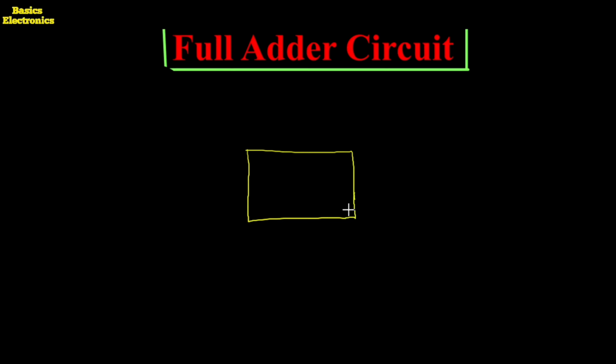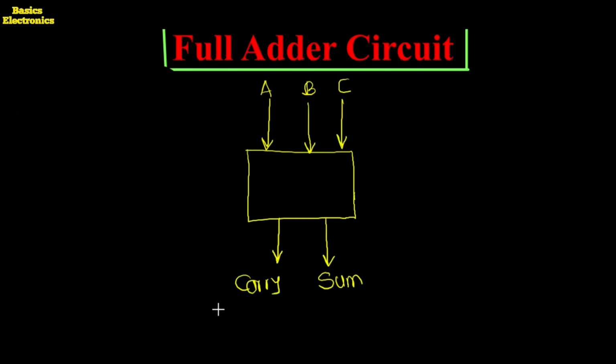The full adder performs the addition of 3 binary bits, and it produces the output in the form of sum and carry. This is what we call a full adder.